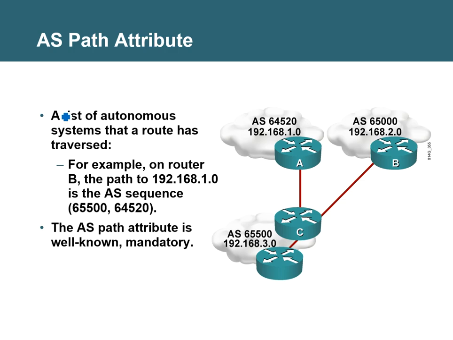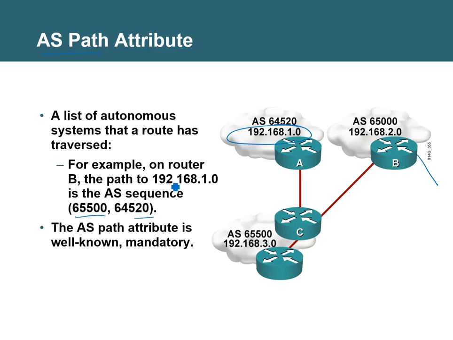The first one is the AS path attribute. We know this very well, but we'll go through it again. When this network 192.168.1.0 is learned here, how will it learn? It will be learned with the AS path.